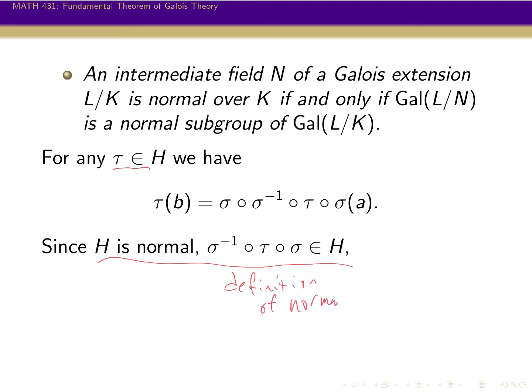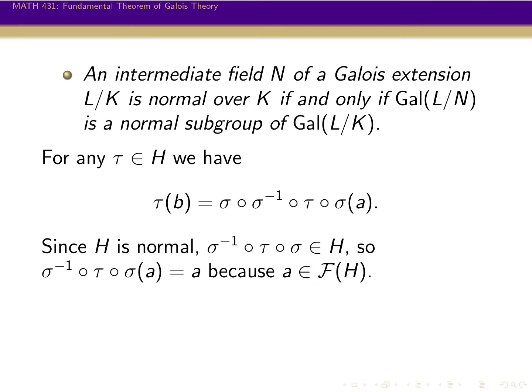So if you have forgotten the definition of normal subgroup, here it is, and this is why it's important. And so we know that this element, sigma inverse of tau of sigma, is inside of H.